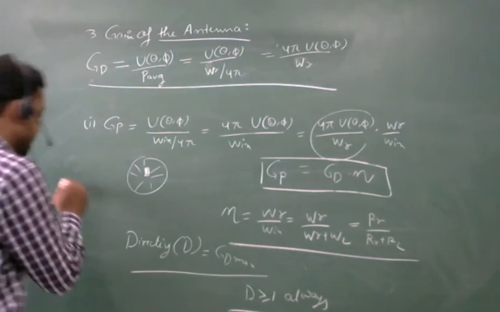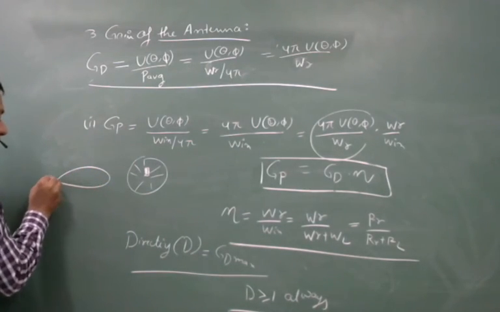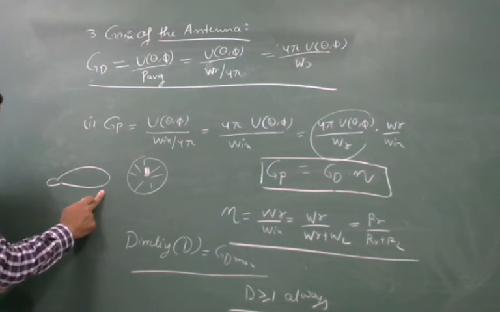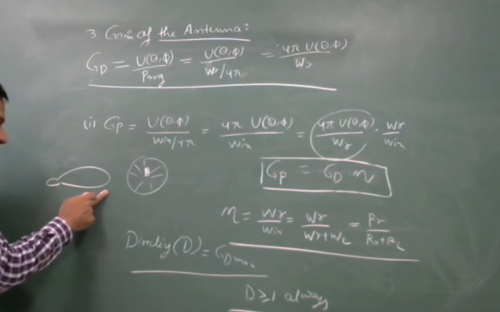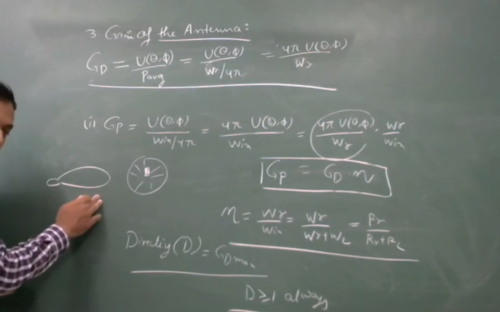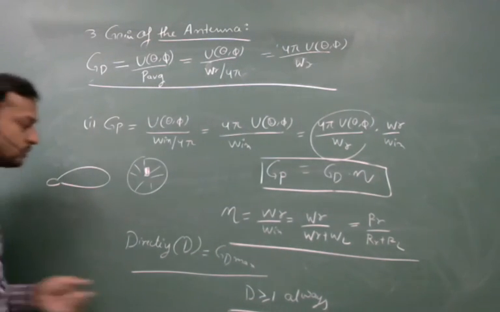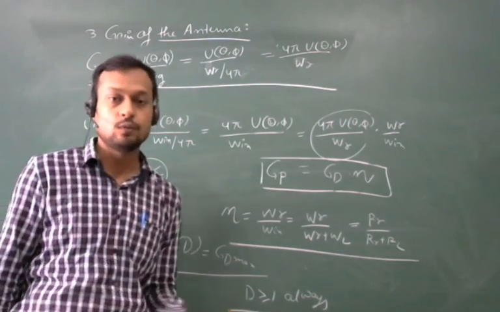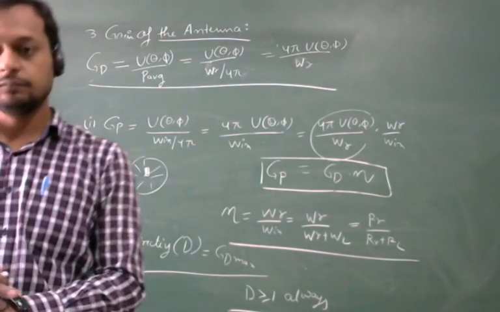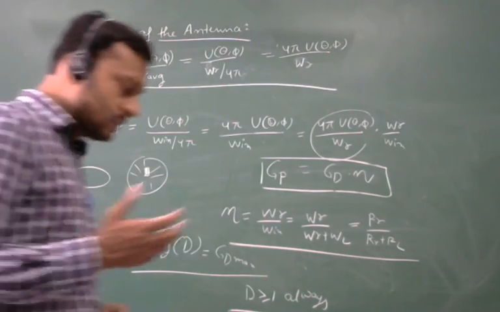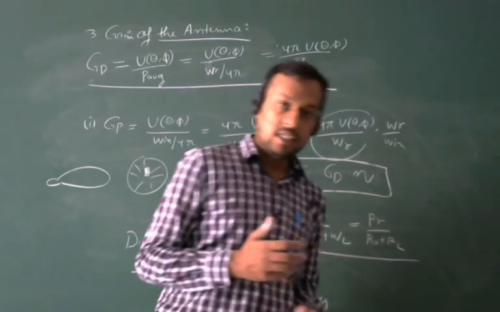Now for the practical case, there is a maximum and a minimum. The radiation in this direction is very high compared to this, so this will always lead to a value greater than or equal to 1. So this is the gain of the antenna.